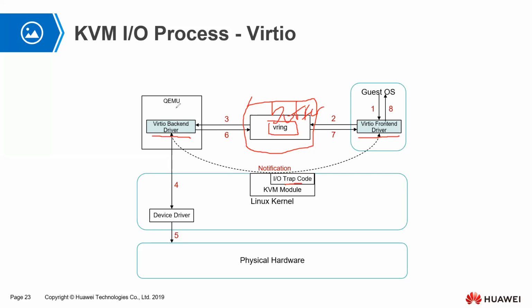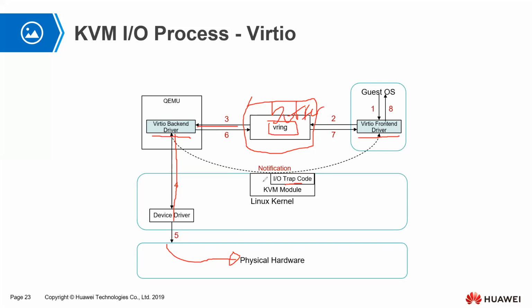So what Kemo does now is obtain that information from the V-ring buffer, and then the back-end driver directly calls the actual physical driver to perform the input and output request on our physical hardware.